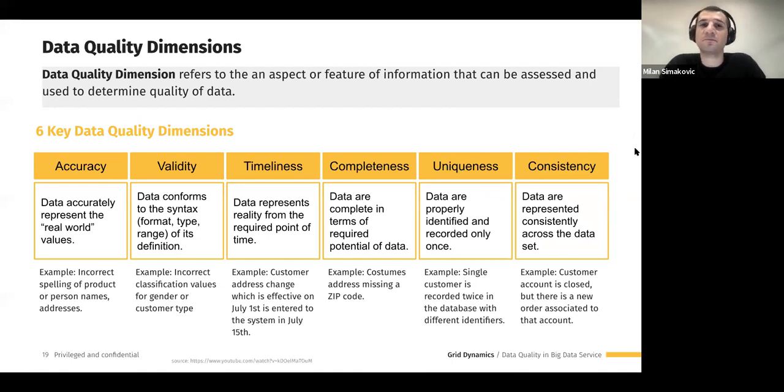Let's say we have a customer that closed his account, however, he has some orders in the system. This is something that is not allowed. That is, we see one piece of information in one system of an organization, but in some other system, we see different information.